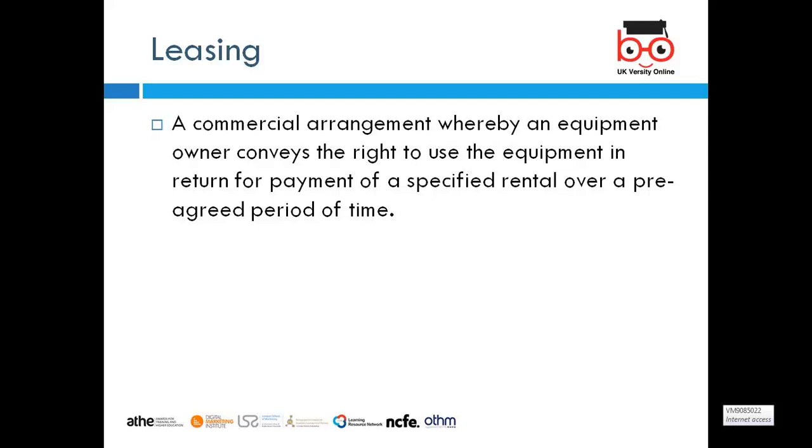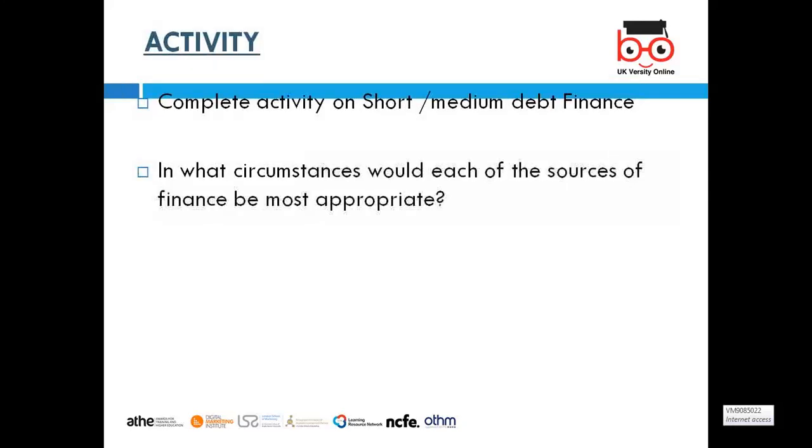But if we have an operating lease, we don't need to show it in the balance sheet according to the current IFRS. We can only show in the profit and loss the rent which we are paying as an expense. Okay. Right. So that's the only difference. All right. Any questions? No. Okay. Move to next.